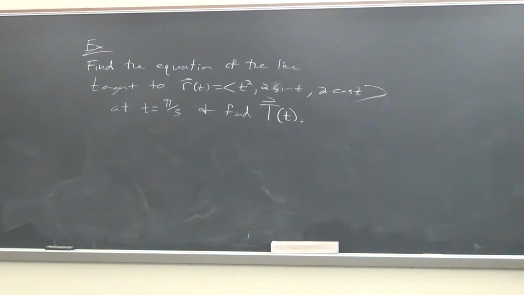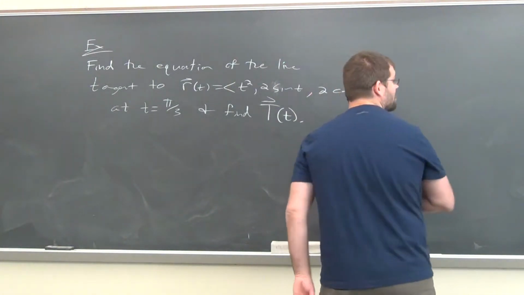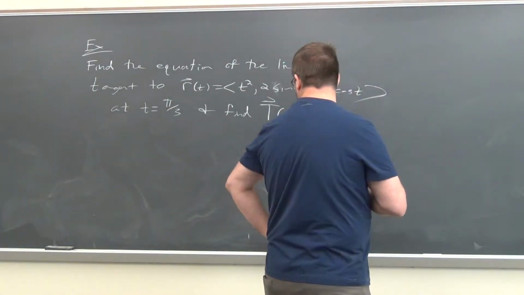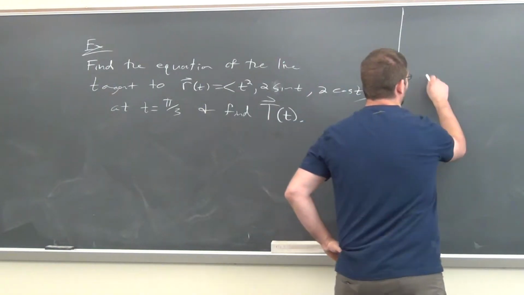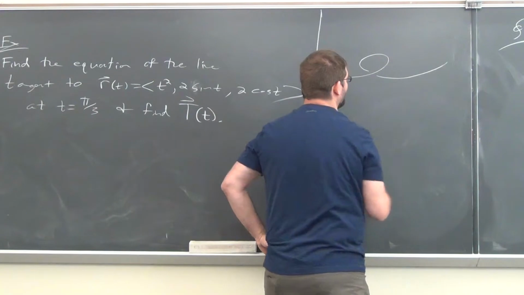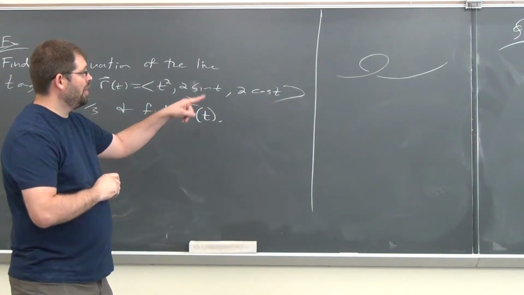Oh, I completely forgot to draw the picture that I wanted to draw. I'm going to squeeze my picture right here. Again, without getting too bogged down with the ideas, you have some curve.